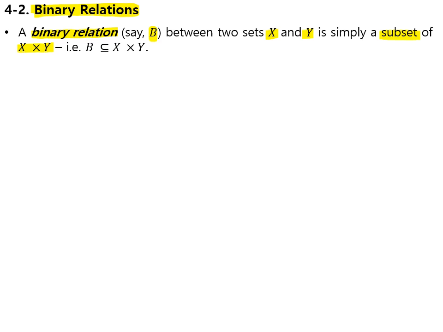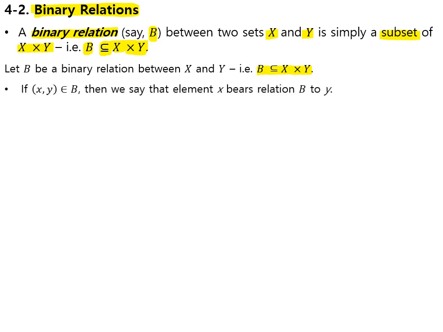That is, the binary relation B is going to be a subset of the set of all ordered pairs between x and y, where the first component comes from the set x and the second component comes from the set y. So let B be a binary relation between x and y. That is, B is a subset of x times y.